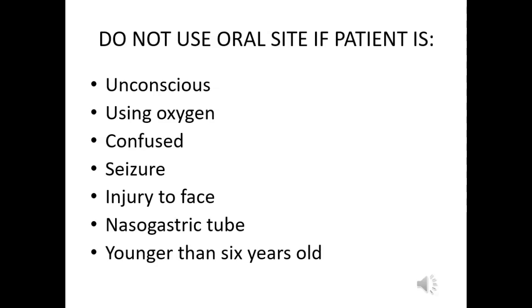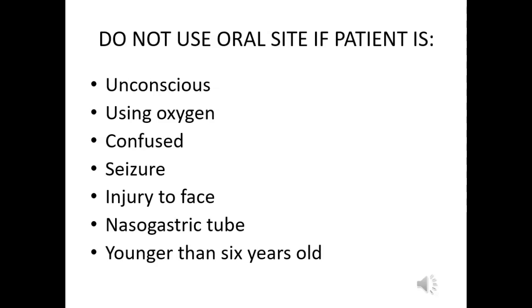So when we're doing the oral site for a patient or a resident, we need to consider a few things of when we don't want to use that as an option. If they're unconscious, if they are using oxygen, if they're confused, if they're having seizures, if they have an injury to the face or an NG tube, nasogastric tube, or if they're younger than 6 years old.